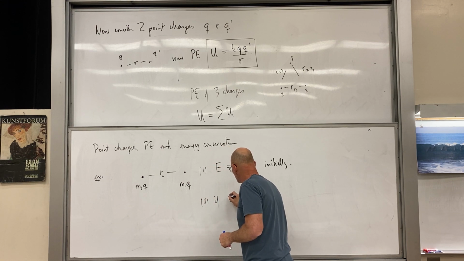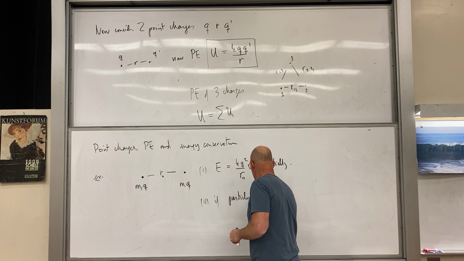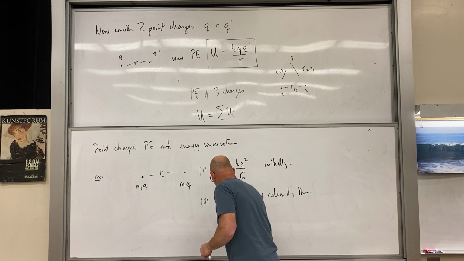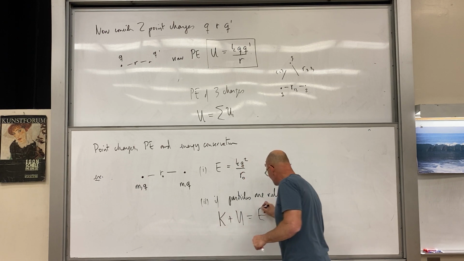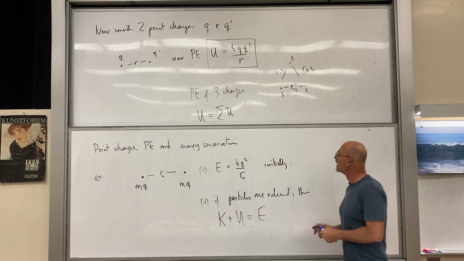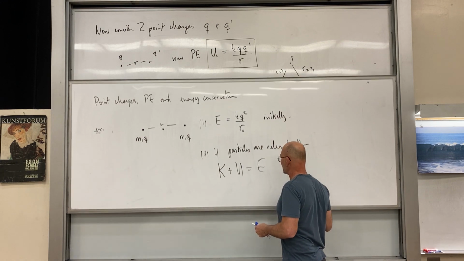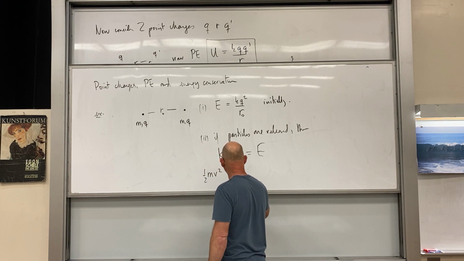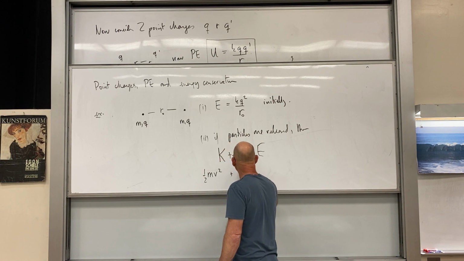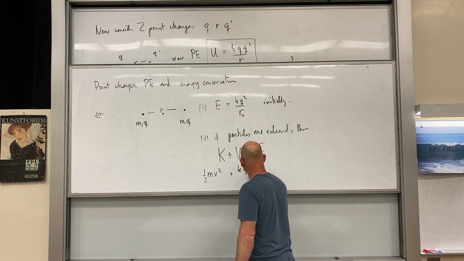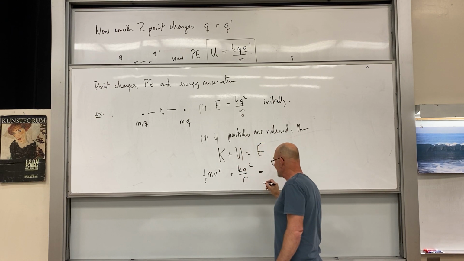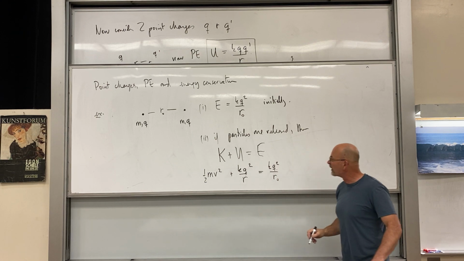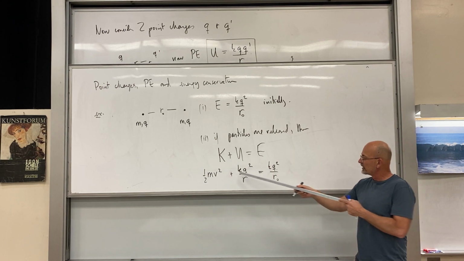So if particles are released, then you know we have kinetic energy plus potential energy is equal to E, which is a constant, and right underneath there you would say, 1/2 mv squared plus k q squared over r is equal to k q squared over R0, because that was their initial energy. Okay, kinetic plus potential is an energy.